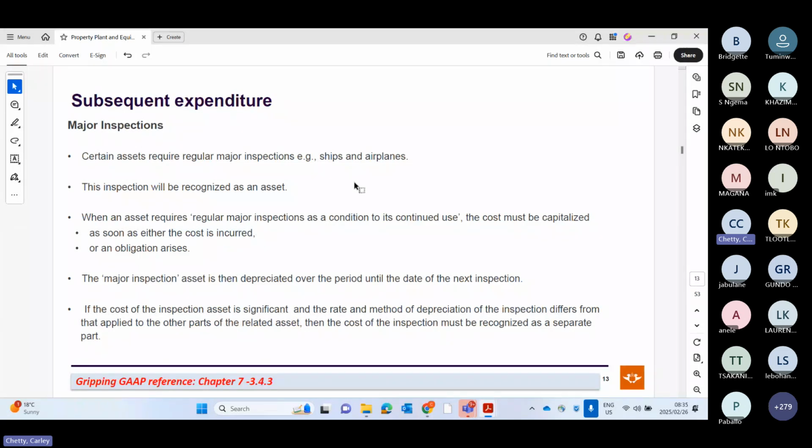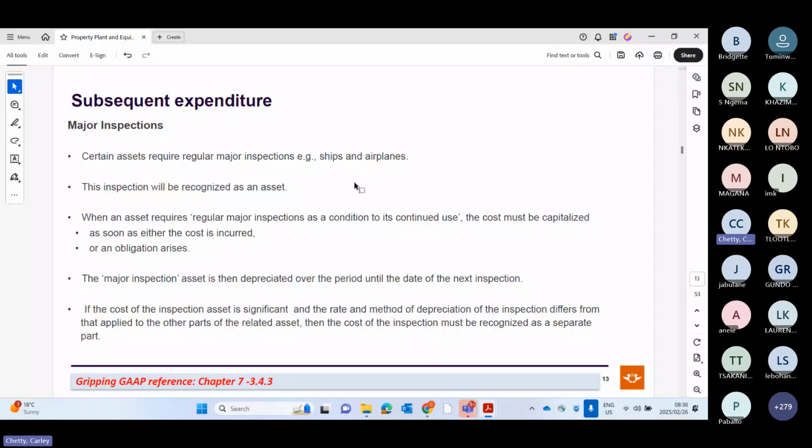So when an asset requires regular major inspections, as a condition to its continued use, the cost must be capitalized as soon as either the cost is incurred or an obligation arises. So the major inspection asset is then going to be depreciated over the period until the date of the next inspection. So if the question says the inspection must be done for 3 years, then that major inspection asset will be depreciated over 3 years. Okay, so it's whatever interval or time period the inspection is for.